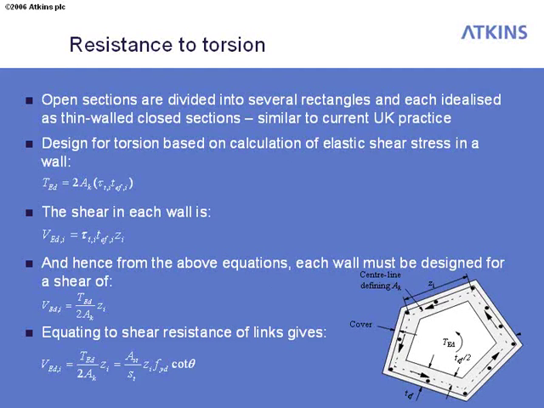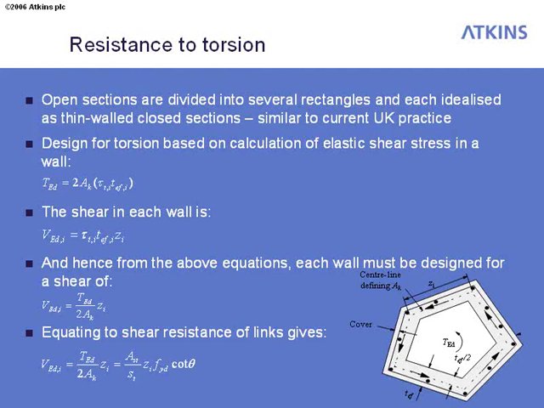And we also know that the shear in each of the walls, V, is basically equal to the shear flow, tau times t, times the length of the wall z. And if we equate those two together, we get an expression for the shear in each wall, which is equal to the torsion divided by twice the enclosed area times the lever arm.